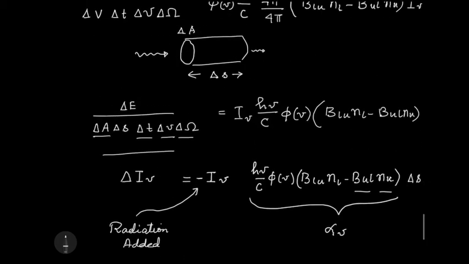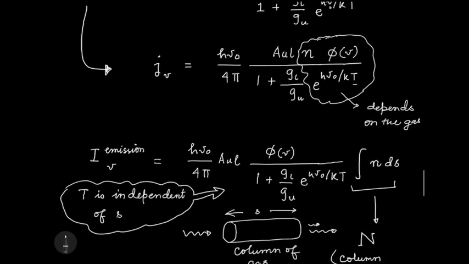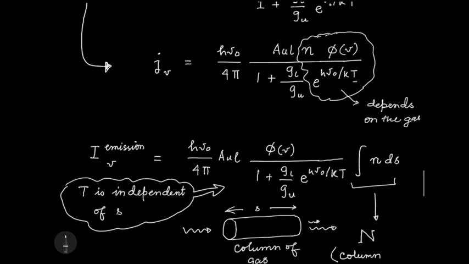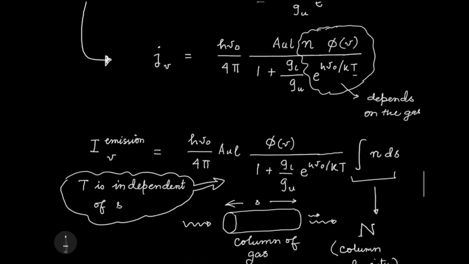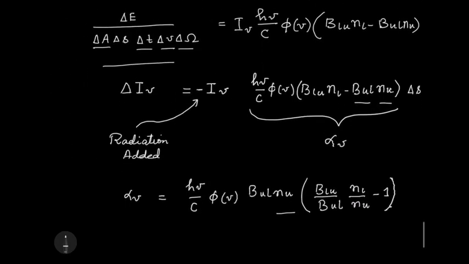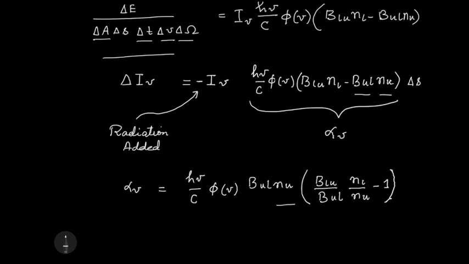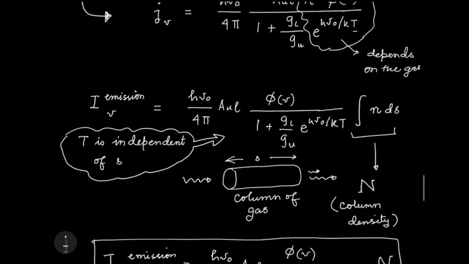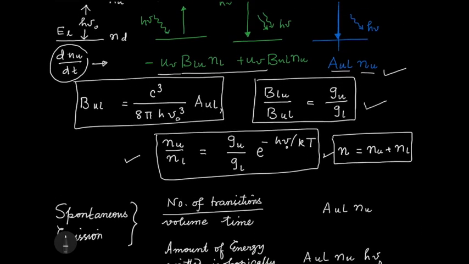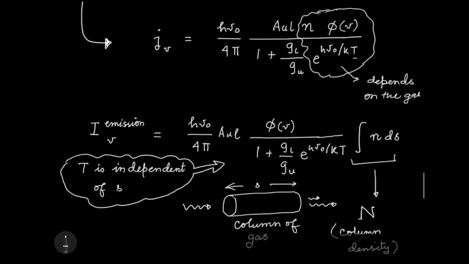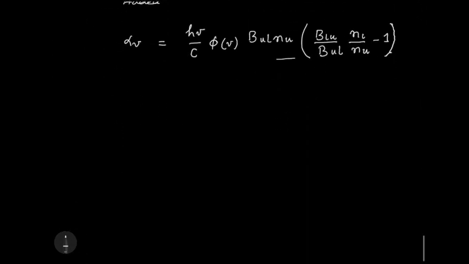Now I will skip a few steps, but something is already done. This N_U, we have already written in terms of the number density, and here I have B_LU by B_UL, N_L by N_U. B_LU by B_UL I can write in terms of g_U by g_L, and then I can use this.